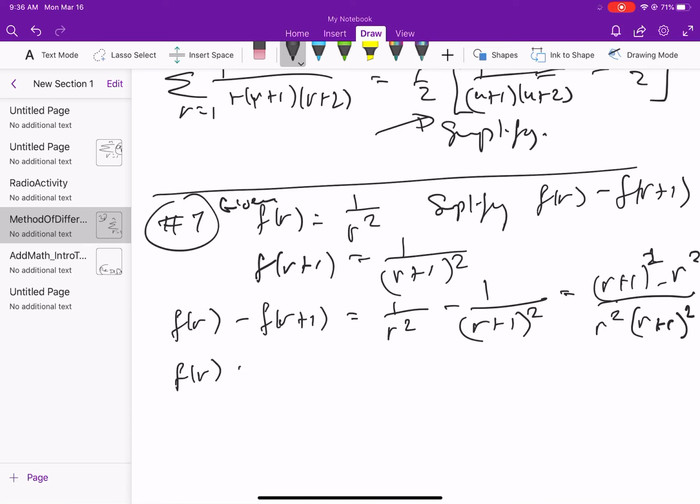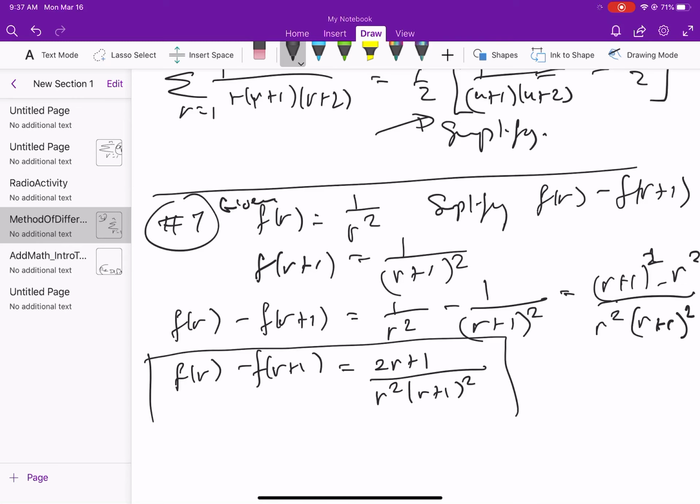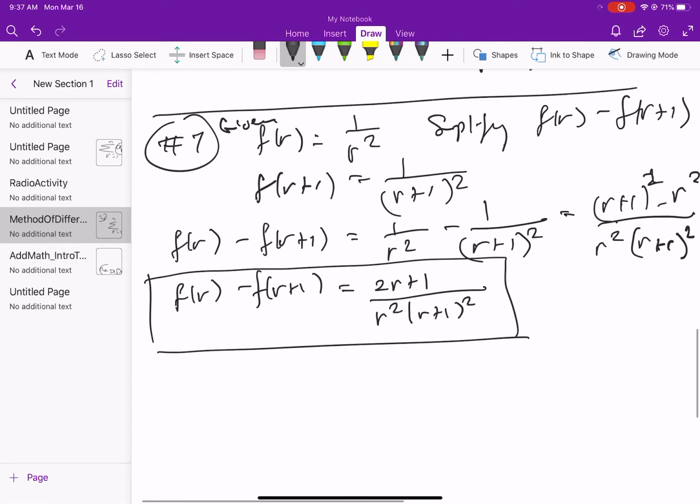F of r minus f of r plus 1 can now be written as, if you open up your numerator and simplify, the r squared will cancel out. What's left on top? 2r plus 1. In my denominator I have r squared into r plus 1 all squared. So that takes care of the first part of the problem.